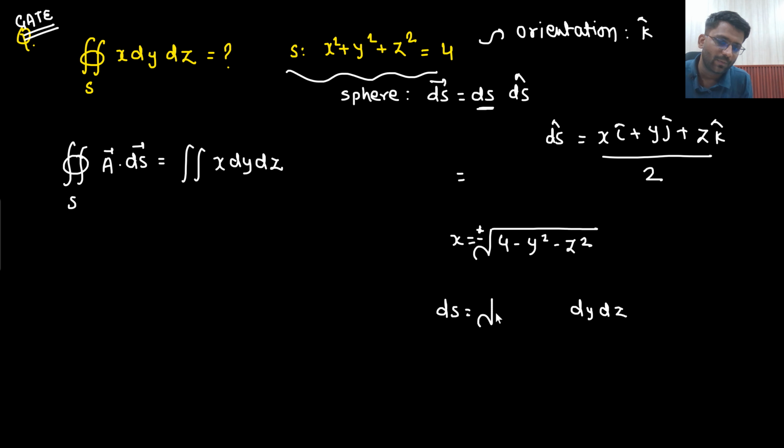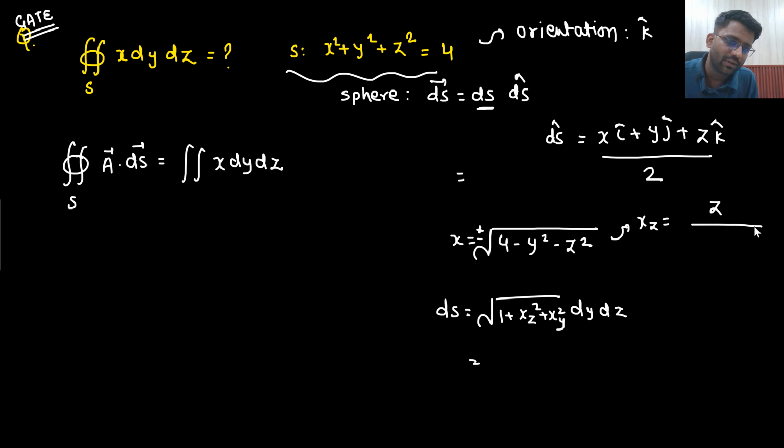So what you would do: 1 plus partial differentiation of x with respect to z whole square, plus partial differentiation of x with respect to y whole square. Can you do the partial differentiation of x with respect to z? You will get 1 by 2 under root, 2z. So it comes out to be z upon under root 4 minus y square minus z square.